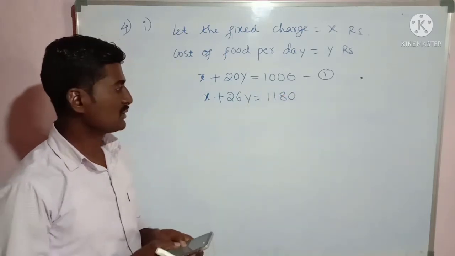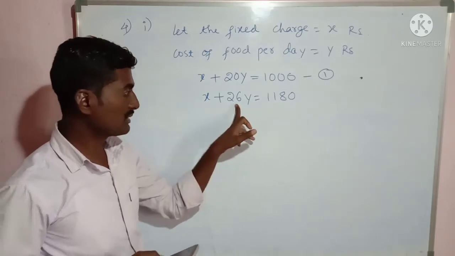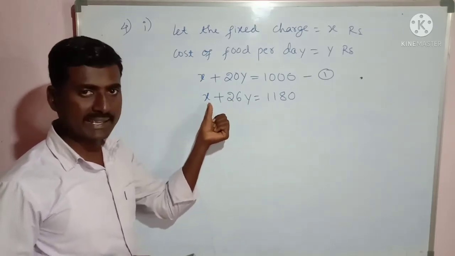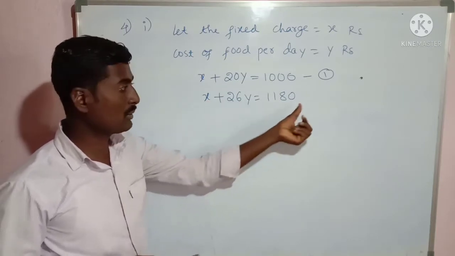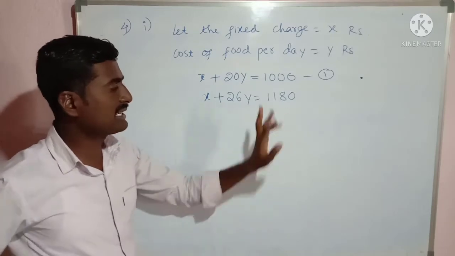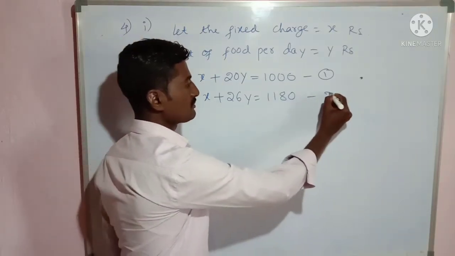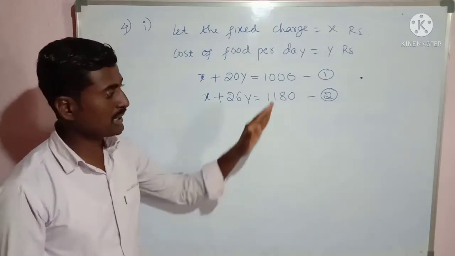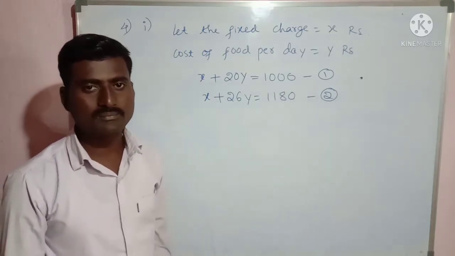She has taken 26 days, so total is x plus 26y. Total amount paid is 1180. Now I'll take this as equation number 2. They asked us to form the pair of linear equations, and we formed them.